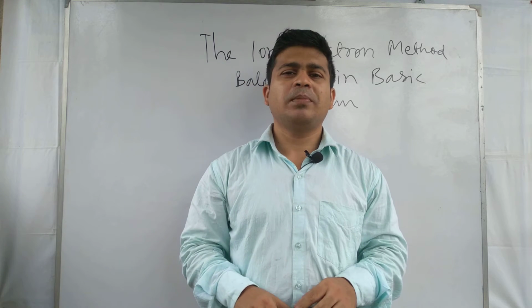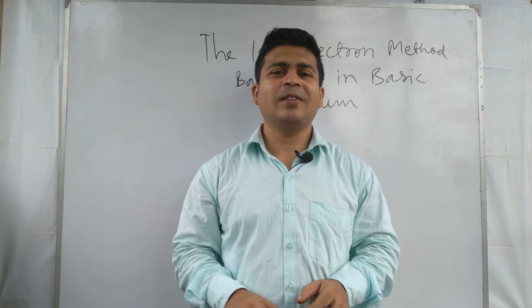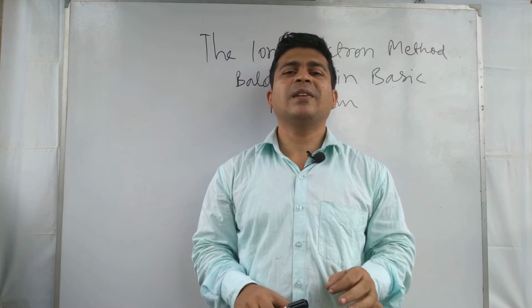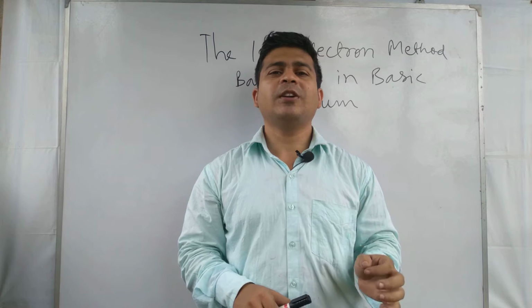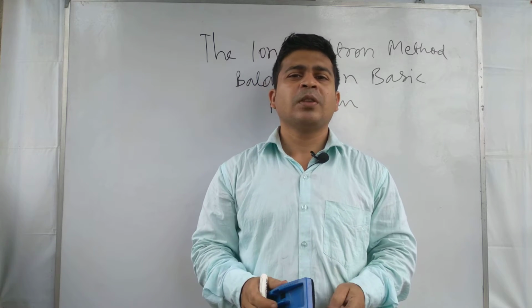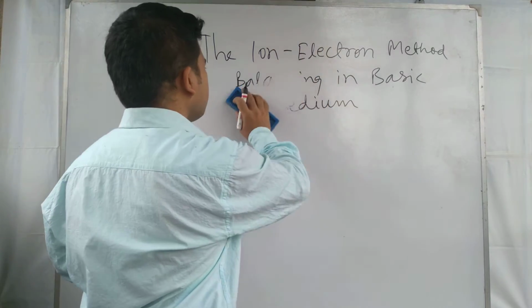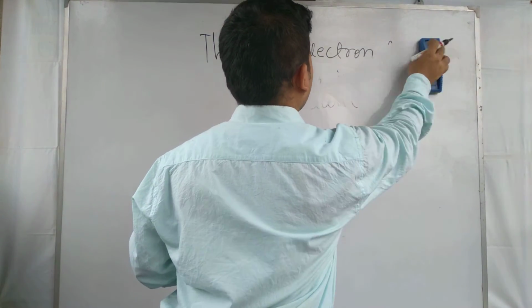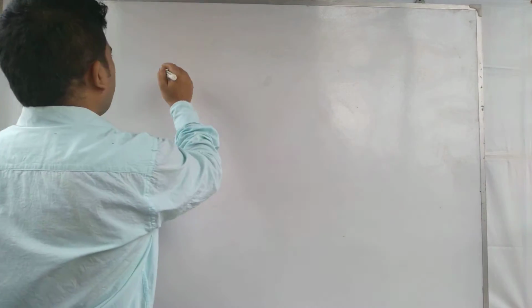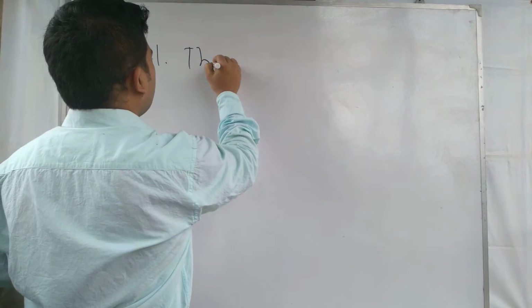The ion electron method is a method of balancing a redox reaction. Two methods are available for balancing a redox reaction: one is the oxidation number method, and another is the ion electron method.